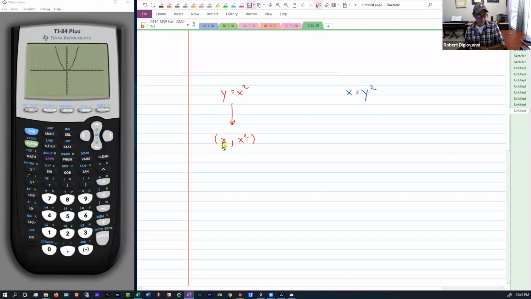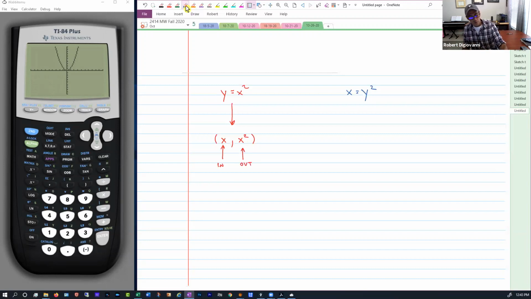If you plug in x is 1, you get 1 squared is 1. If you plug in 2, you get 2 squared is 4. So you get (1, 1), (2, 4), (3, 9), right? So x is your input, and this is the output after it goes through the function.